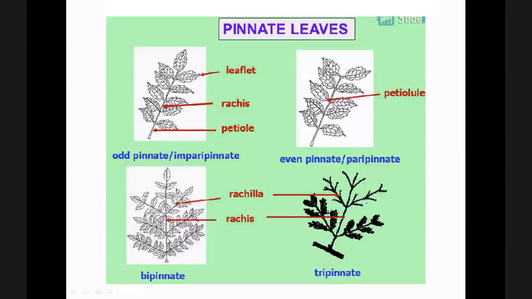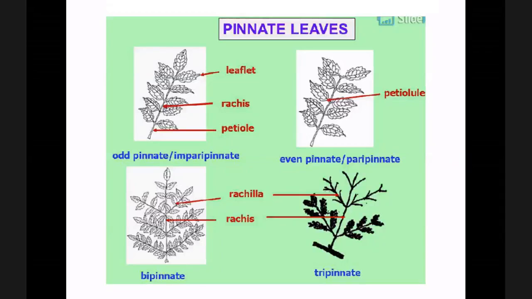When the leaflets are attached to the rachis, we call it imparipinnate. But when the leaves are again twice pinnate, the second axis we call the rachilla. When the leaflets are attached to the rachilla, that is bipinnate. In the tripinnate, these bipinnate leaves are further divided. That we call tripinnate.